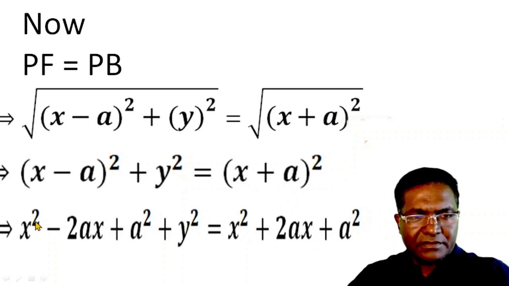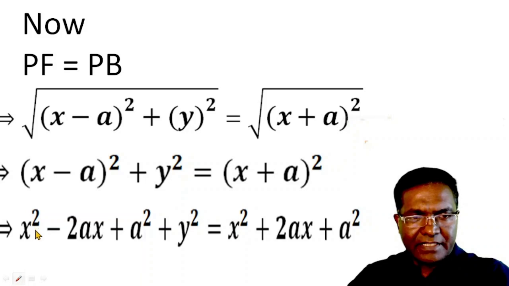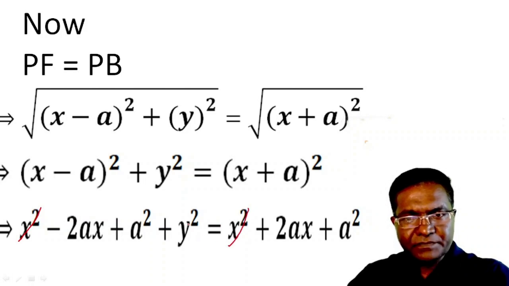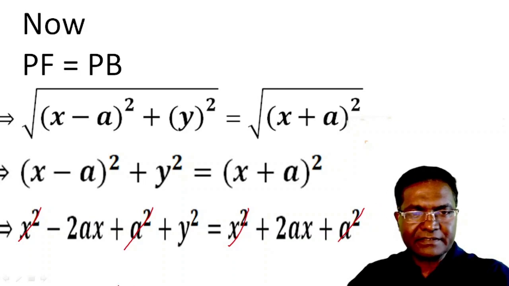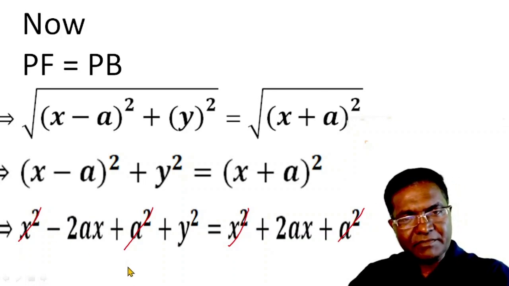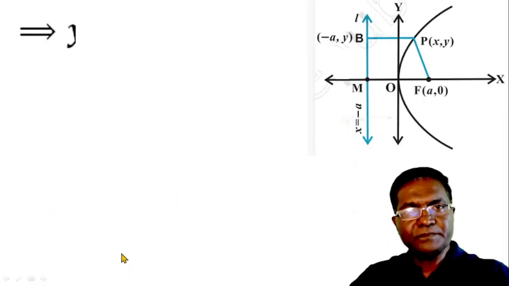Now, what do you have common on both sides? Same term, same sign. So x square cancels with x square, and a square cancels with a square on the other side. Whatever remains, what are you left with?